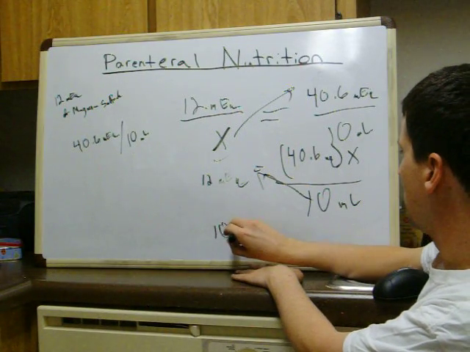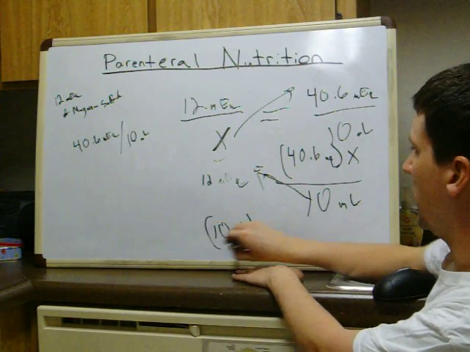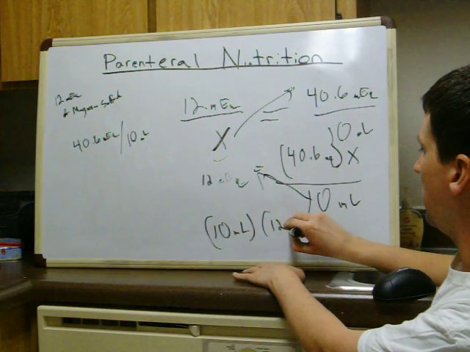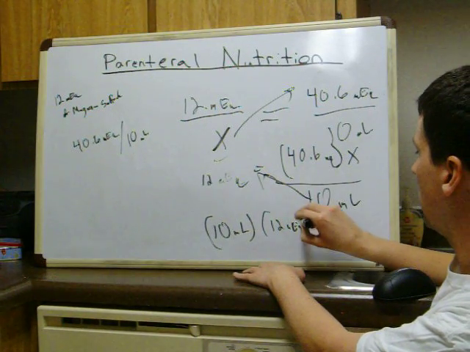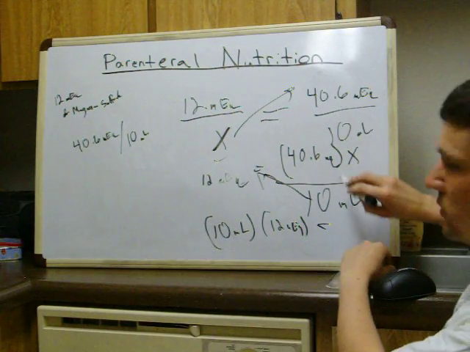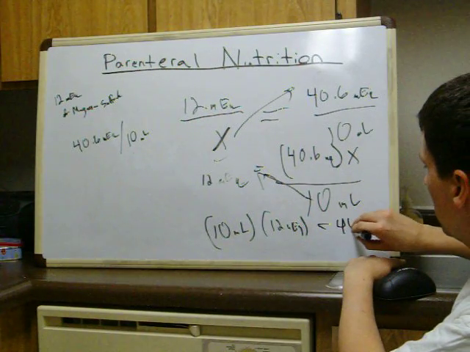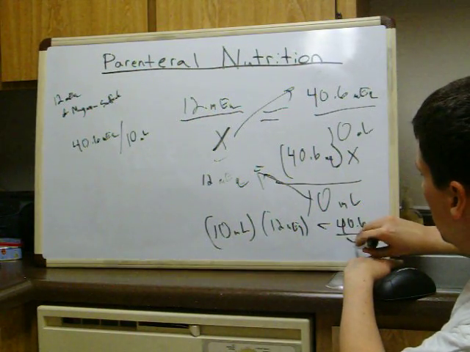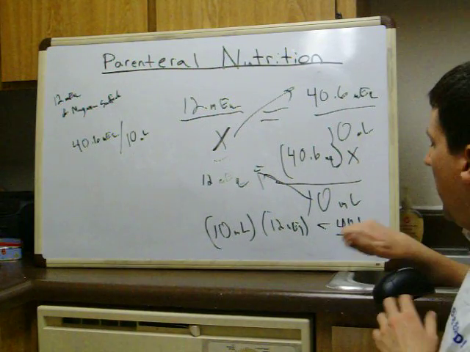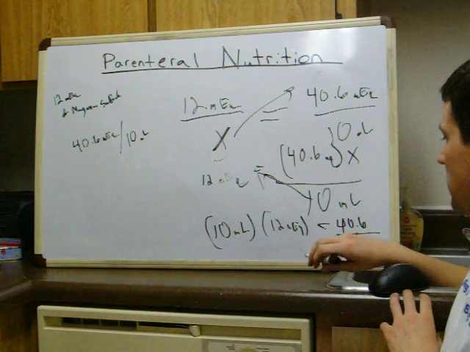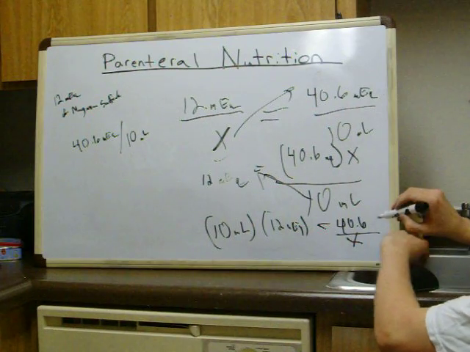So 10 milliliters times 12 milliequivalents is equal to 40.6 milliequivalents times X. Oh, I need the units in there.